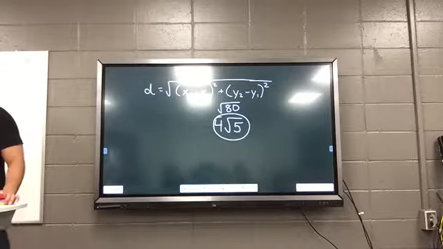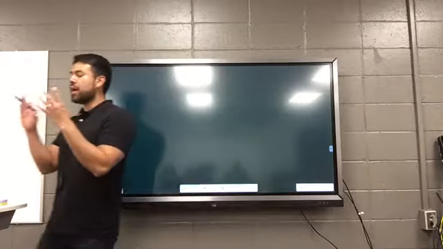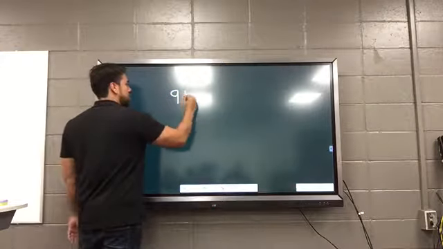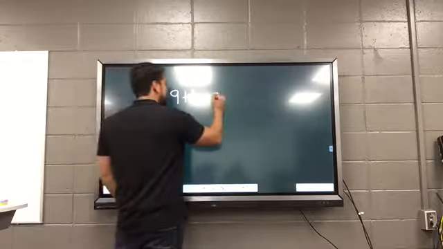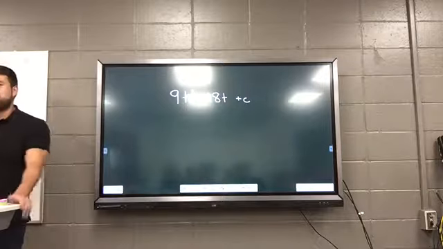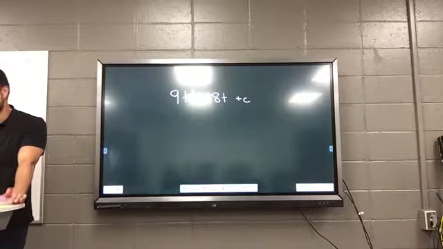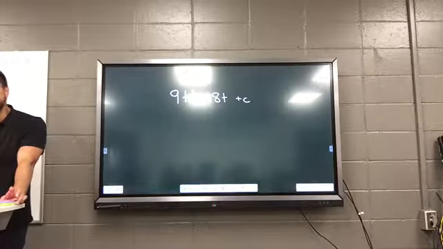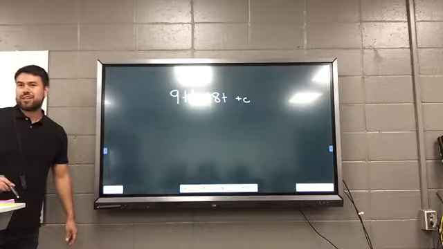Number 18 on page 746. Just complete the square. Find out what number goes in for C. What do you do here? How do you find out that's C?